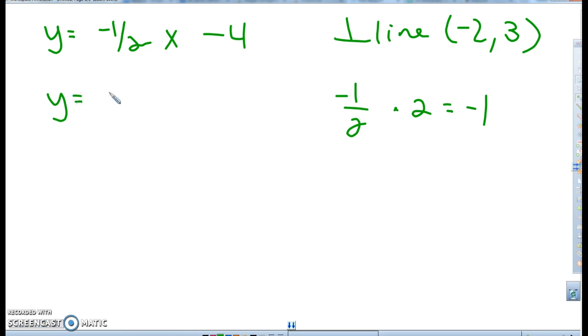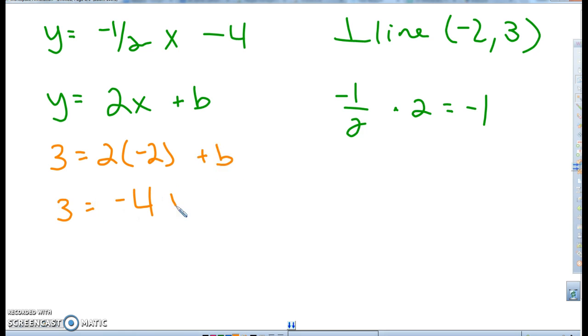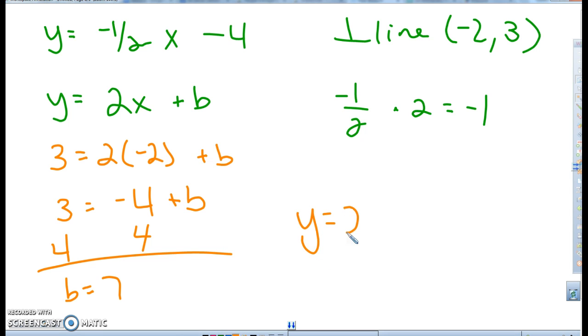So I'm going to start with y equals 2x plus b, and I'm going to plug in that point. So I have 3 equals 2 times -2 plus b. If I add 4 to both sides, I get that b equals 7. And I have my equation that's y equals 2x plus 7.